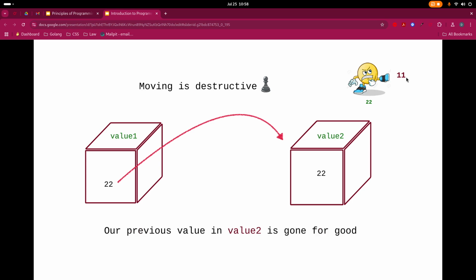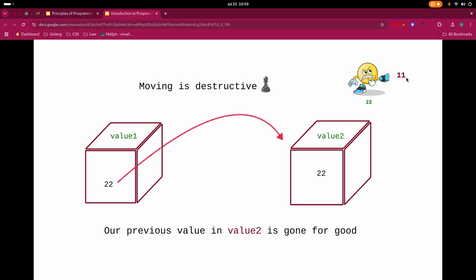That 11 is gone for good. We can never get it back. So the question becomes, I need the 11 because I want it to be put into value 1, and of course the 22 should be in value 2. How do I do that without destroying the 11?